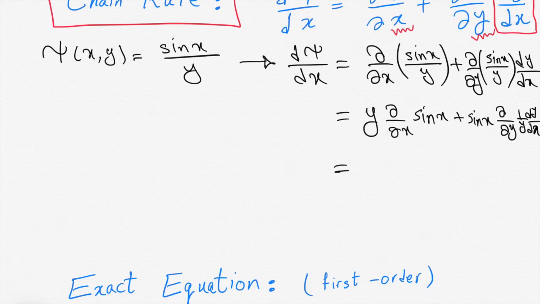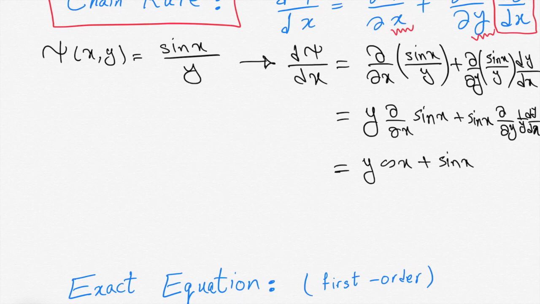Therefore it's going to be y cosine of x plus sine of x times this derivative over here, right?